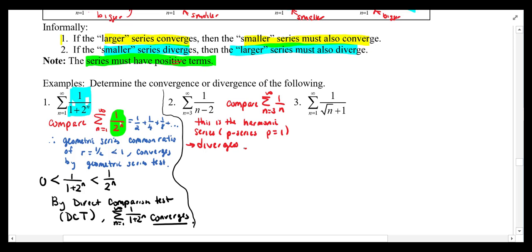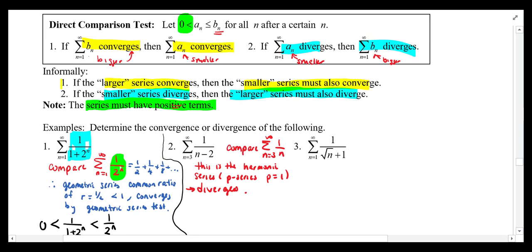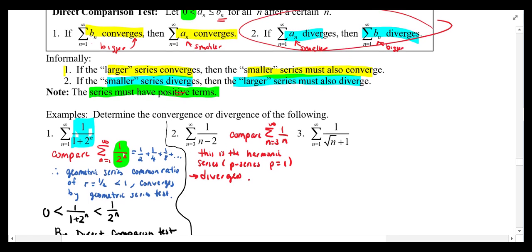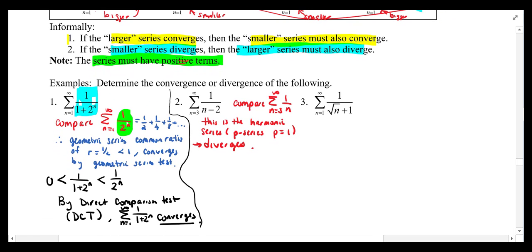Okay, so this diverges. Now, if this diverges, our goal hopefully is that this is the smaller one. Let's see if this is the smaller one. n versus n minus 2. n minus 2 is the smaller. 1 divided by smaller is bigger.